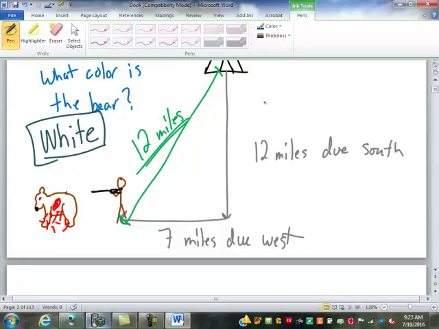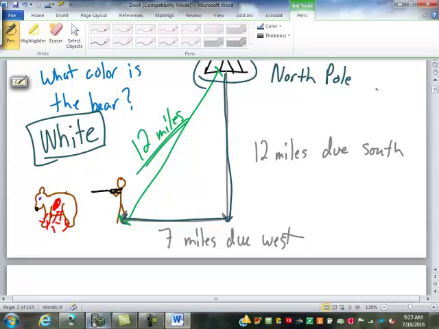The only place in the world where it is possible to walk 12 miles due south and then 7 miles due west and still be 12 miles from camp would be if their camp is on the North Pole. Because once you've walked 12 miles south, no matter how far you walk straight west, you're always going to be 12 miles from camp. And of course, bears at the North Pole are white.